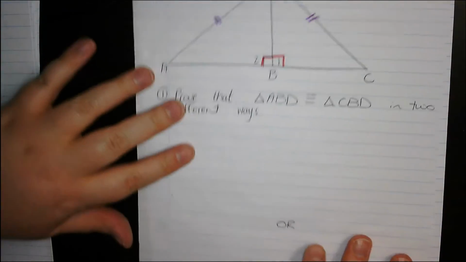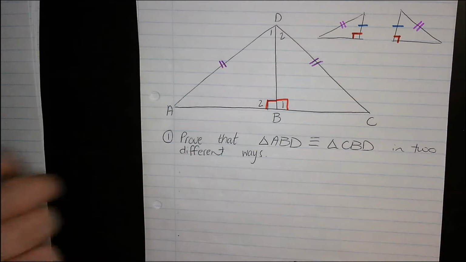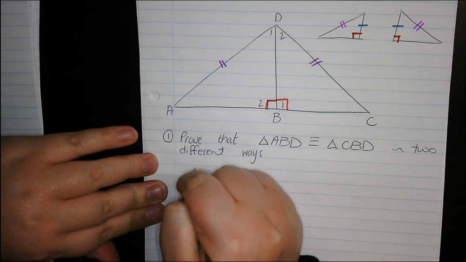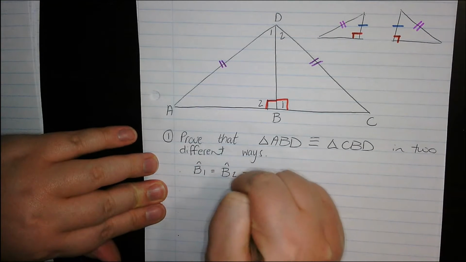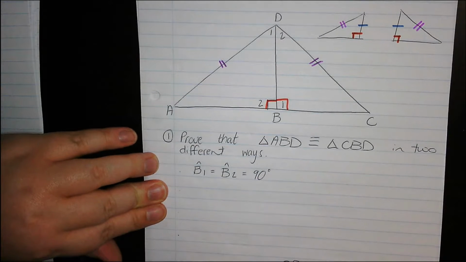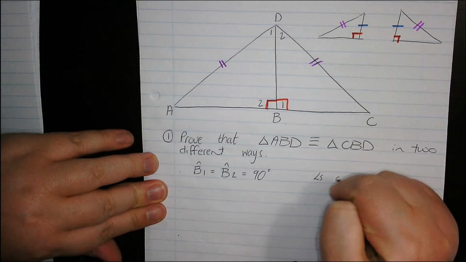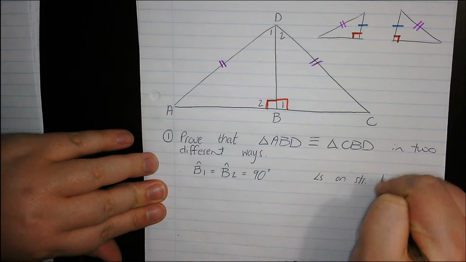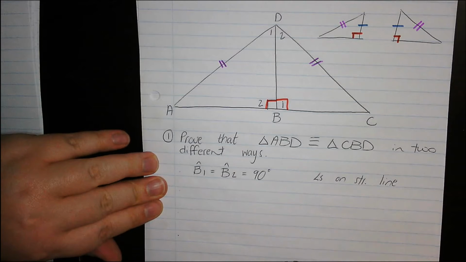Okay. So if you write this down, let me just see if I can extend this a little bit. There we go. Okay. So we want to say, we know that angle B1 is equal to angle B2, both are 90 degrees. We said that first because they are angles on a straight line, and one was given as 90 degrees.